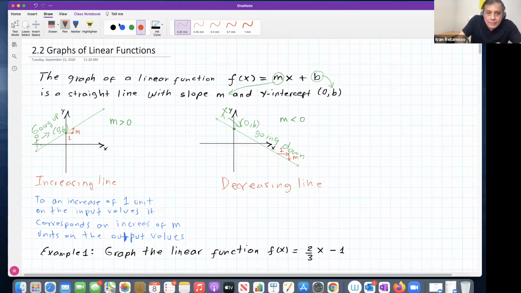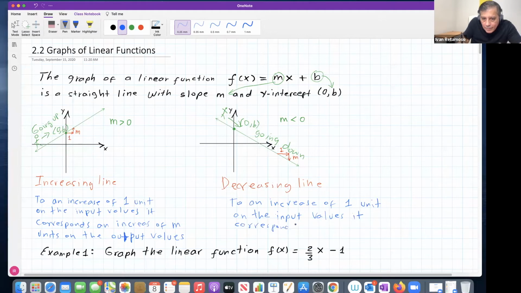So let's write it out. To an increase of 1 unit on the input values, it corresponds a decrease now of m units on the output values.